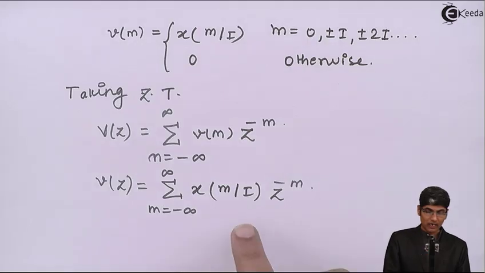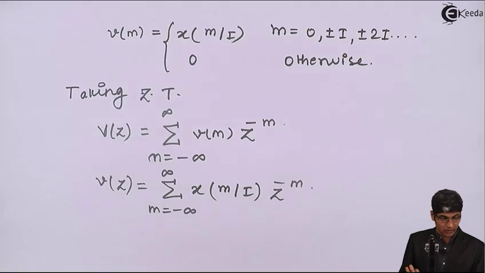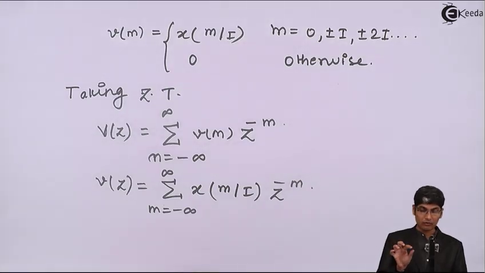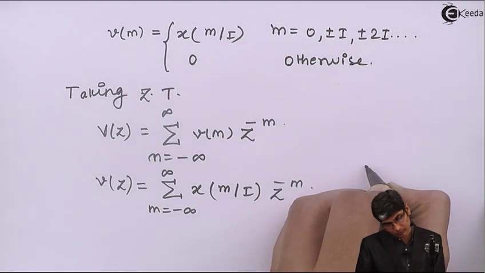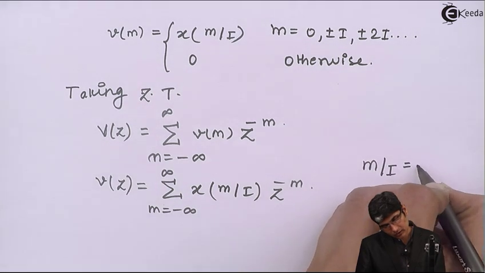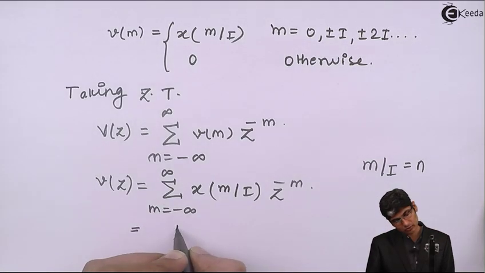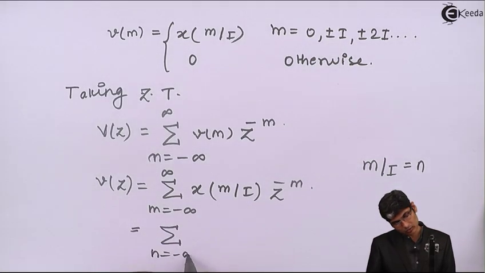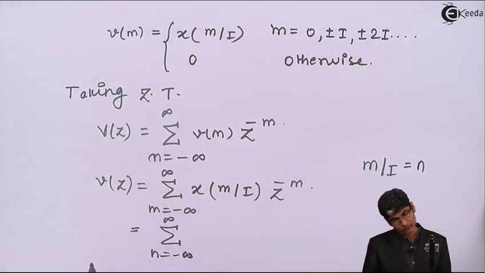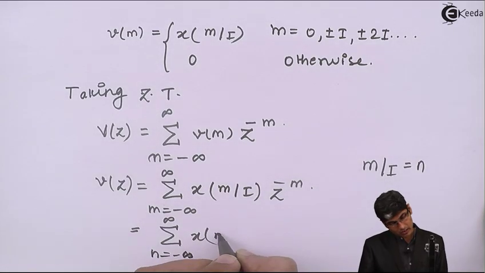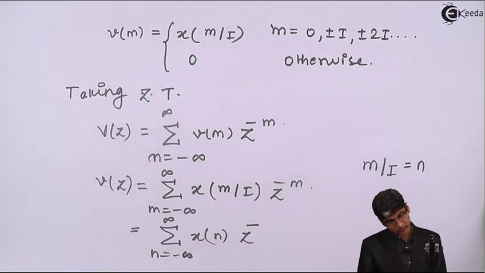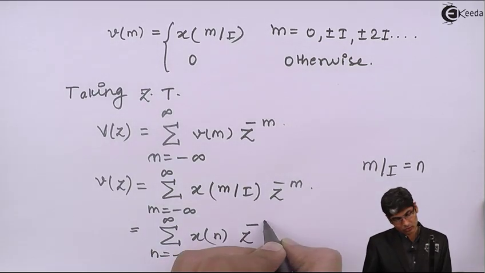So I know that this factor is only valid for integer multiples of I, or it is non-zero at integer multiples of I. So we can substitute something like this, M by I equals, let's say, N. Okay, so I can have this to be going on N now, N going from minus infinity to plus infinity, X of N Z raised to minus N into I.